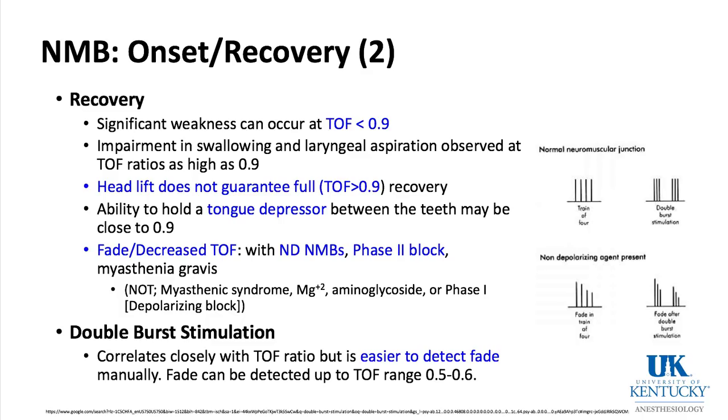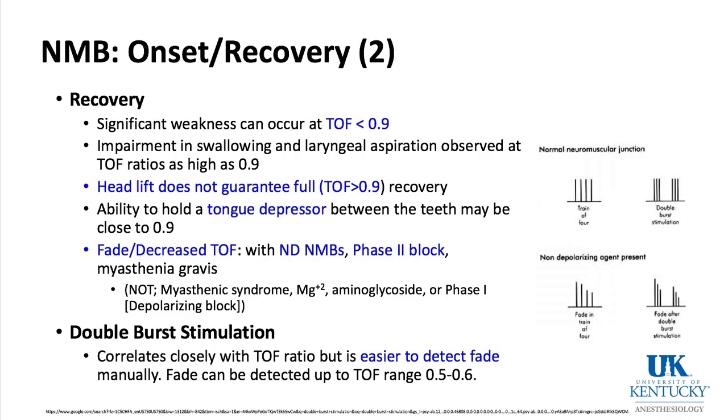If you have head lift, that does not guarantee a train of 4 greater than 0.9. The ability to hold a tongue depressor between your teeth, if you can't pull it out, gets pretty close to that 0.9. Of course, if someone's intubated, the tube would be in the way, so that would be pretty difficult to do. So the classic things that we use, like head lift and some respiratory parameters, are not so good for getting up to that train of 4 greater than 0.9.